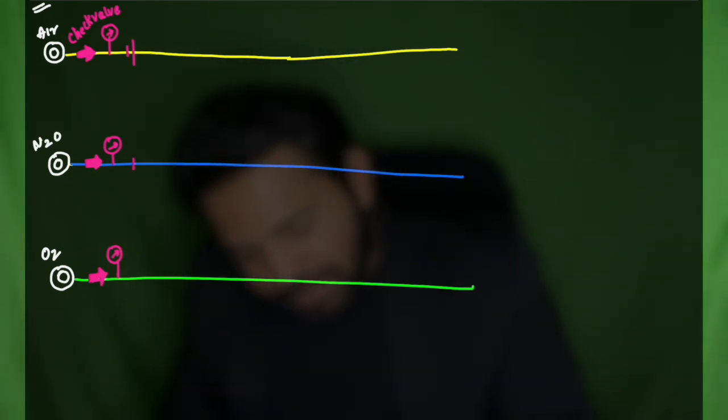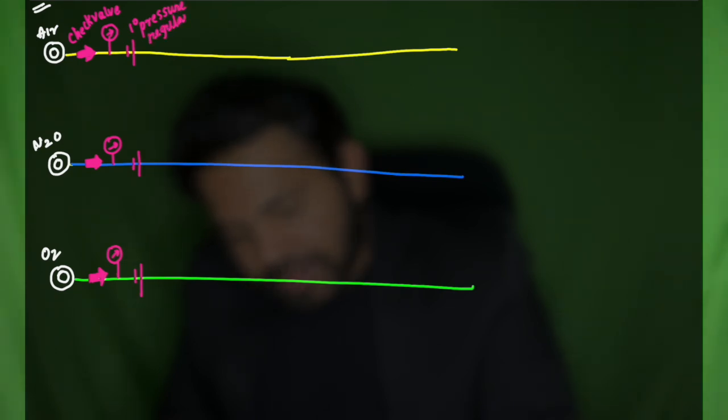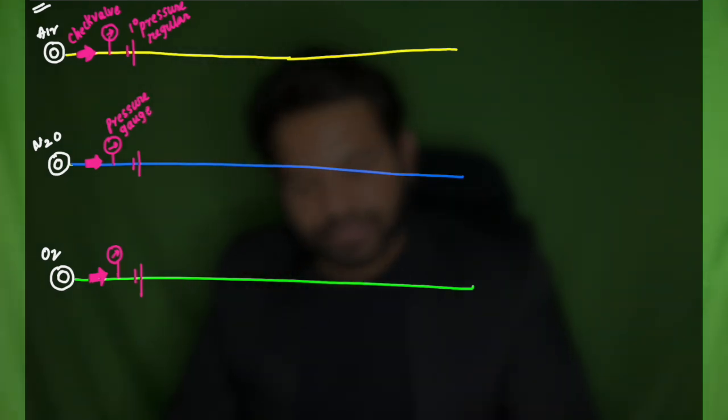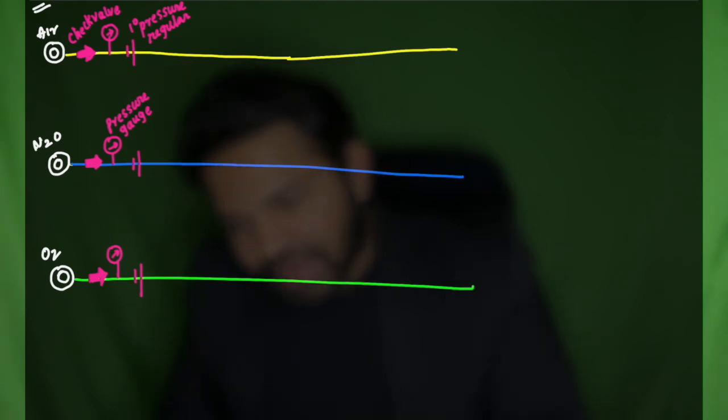Now we have something called a primary pressure regulator. This is a primary pressure regulator. This is a pressure gauge. I hope it is clear till now. Then as we go further, we will meet our friend who is the pipeline.